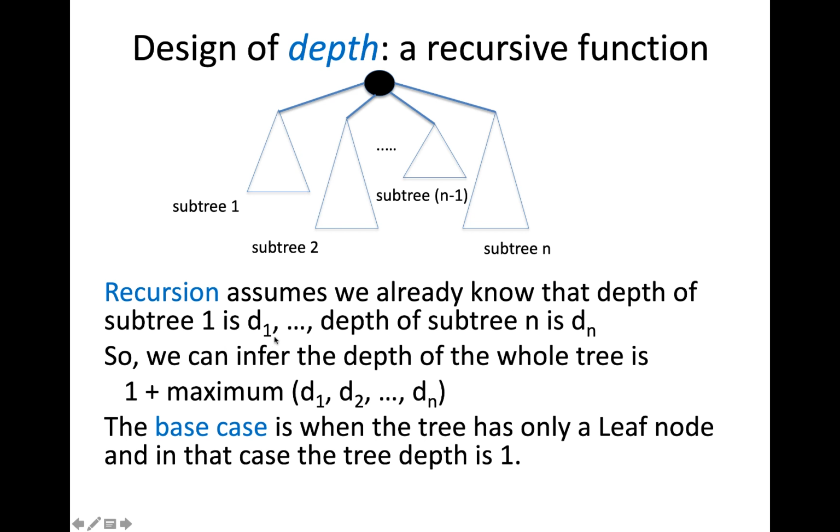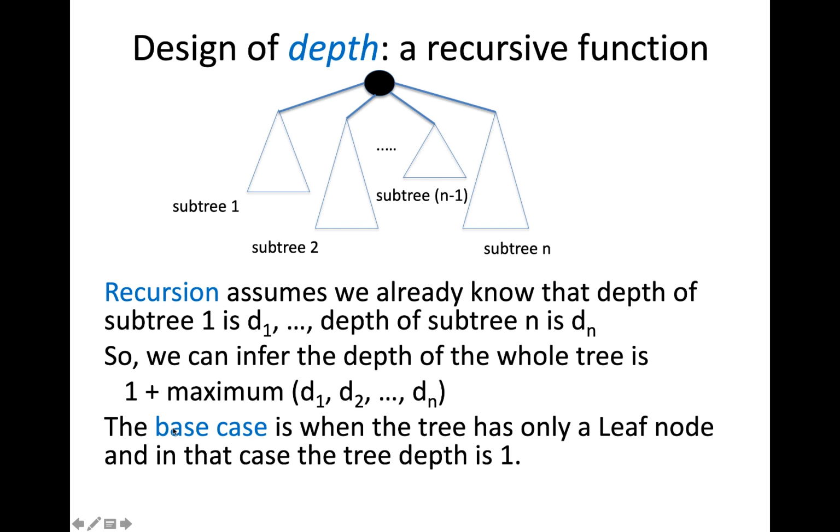Say if d1 is the depth of subtree 1 and d2 is the depth of subtree 2 and so on, dn is the depth of subtree n. So say by some magic we have those information d1, d2, dn.